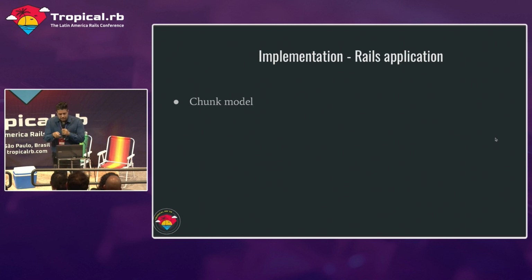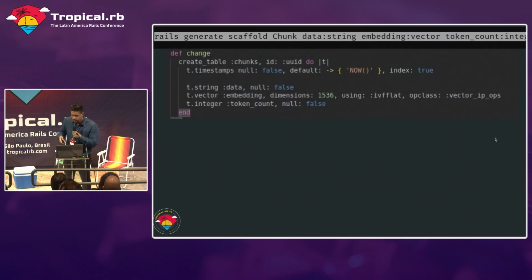The chunk size, the amount of information that we can use, can be checked when you check the OpenAI API, okay? But here we're going to create a chunk model, and the configuration is going to be like this. As you can see, my vector is going to be 1,536, okay? That's the size of the vector.